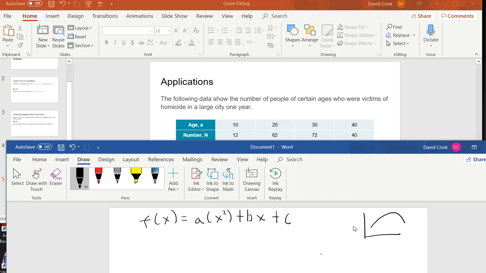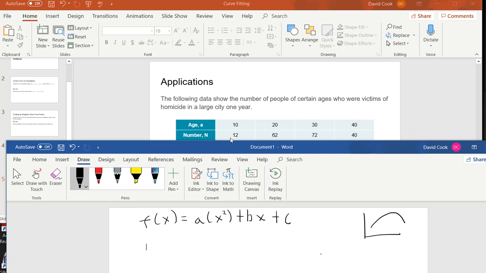So it's actually going up and then it comes right back down. I know that these are points on my curve, but obviously I don't know any intercepts. I don't know any information about exactly where these points are. So my only choice here is to plug in these points and see what kind of equations I get.